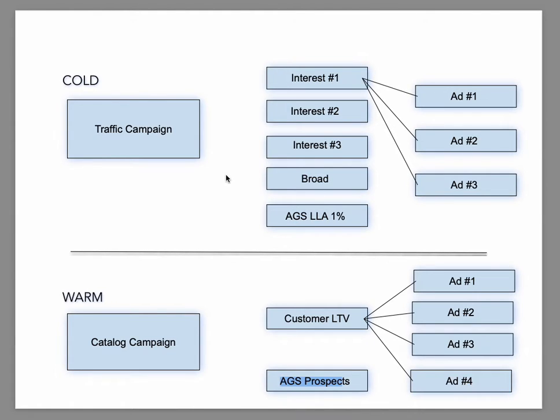I'm not going to do the math, but that's only a couple of dollars per ad. So maybe in that case, you run an interest, broad, and your prospect list lookalike at 1%. So then you've only got 3. And then maybe you only do 2 ads because you always have to consider how diluted your budget is going to be. Same with warm.